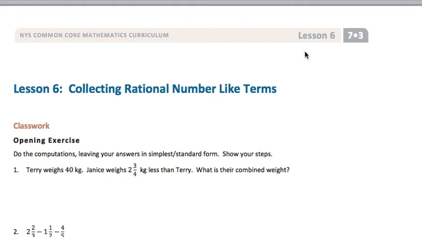So we'll need to write the expression, which will be 40 plus, because we're looking for a combined weight, the weight of Janice, which is 40 minus 2 3/4 kilograms, because it tells us Janice weighs 2 3/4 kilograms less than Terry. So we take Terry's weight, 40, subtract 2 3/4.